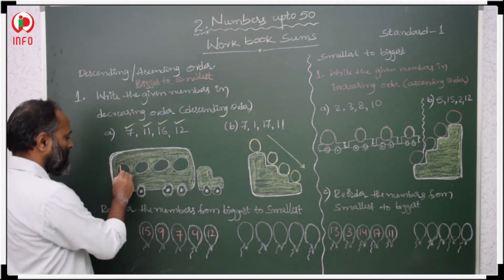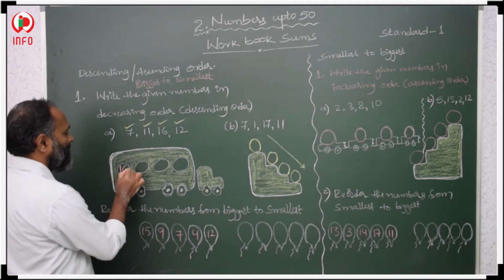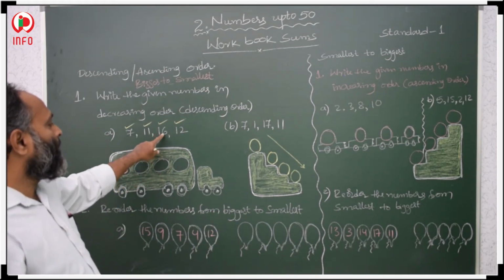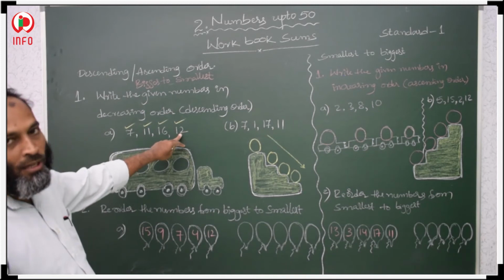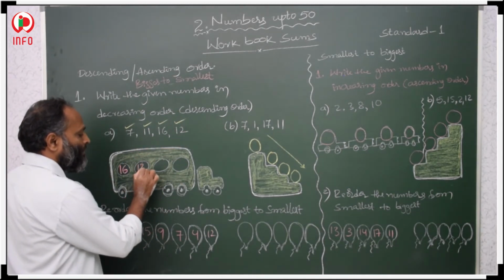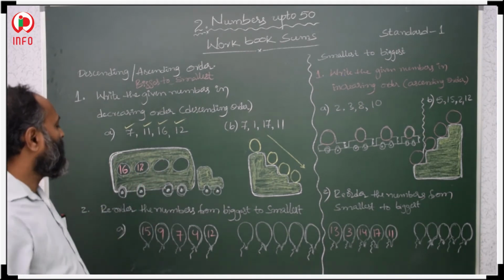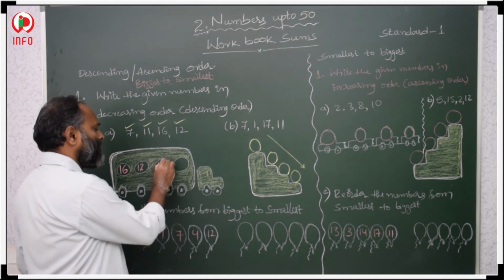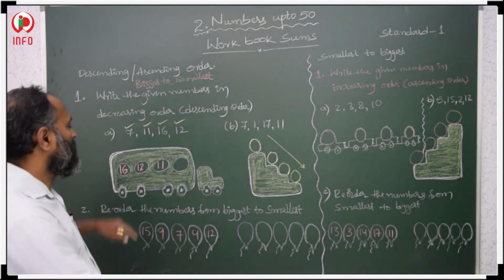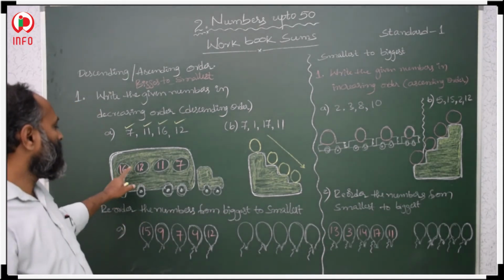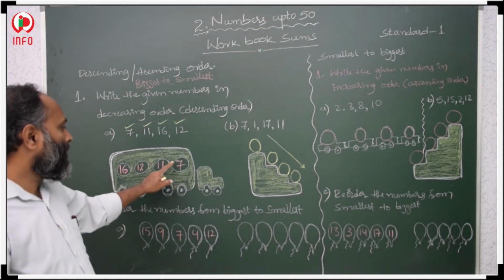Then a little bit smaller than this is 12. After 16, 12 will come. Then after 12, 11 will come. Then after 11, 7 will come. So 16, 12, 11, 7.